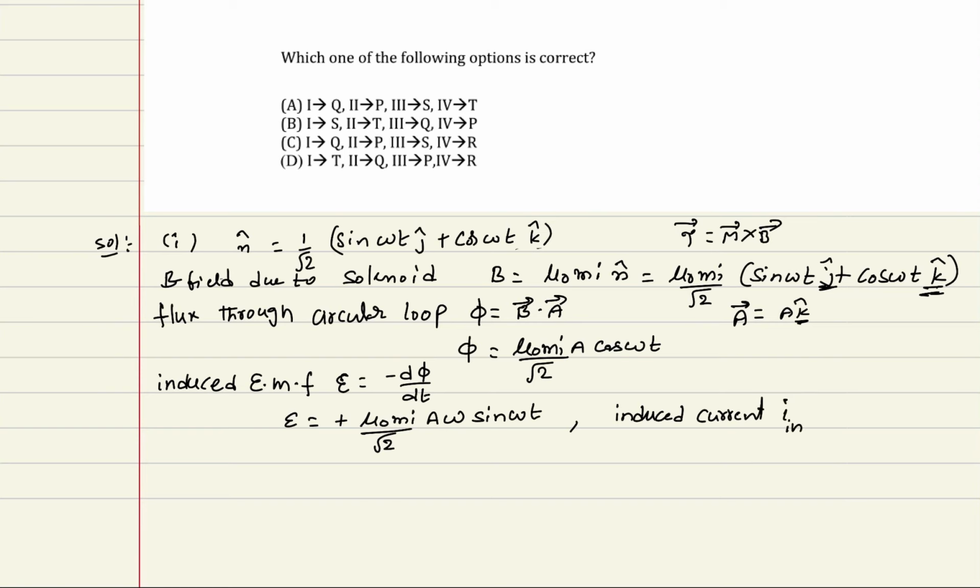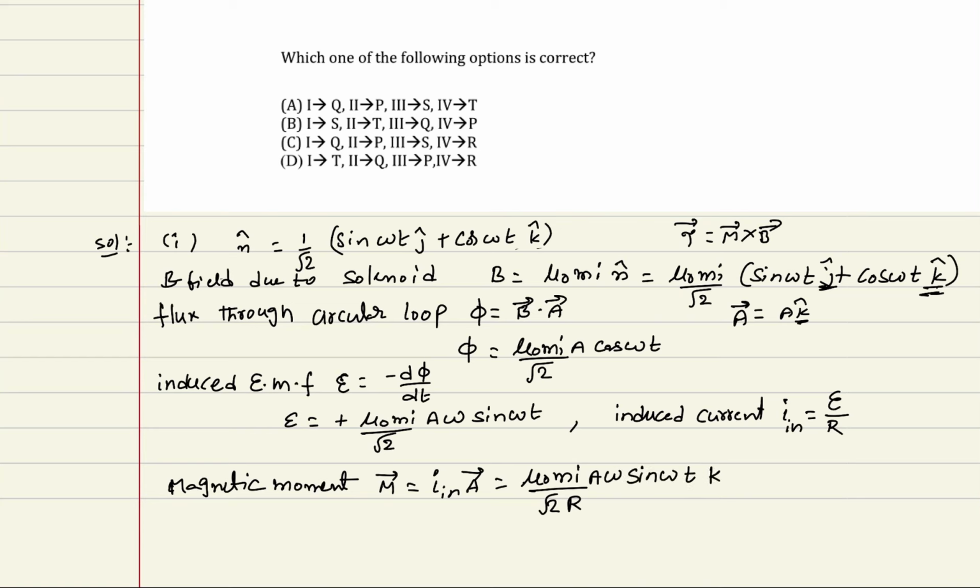Induced current I is E divided by the resistance R. The magnetic moment can be written as m bar equals I induced into A bar. So m bar is mu naught m I divided by root 2 R into A squared omega sin omega t k cap. This is the m bar value.